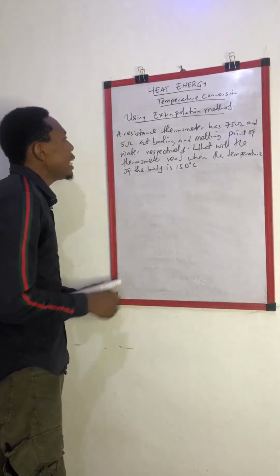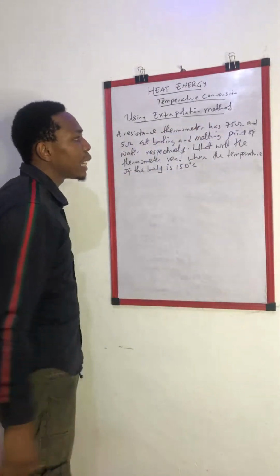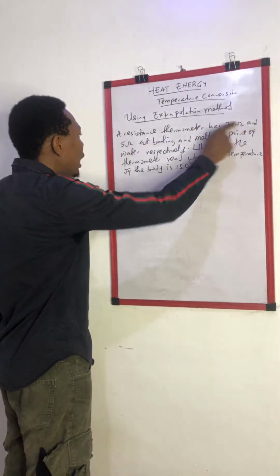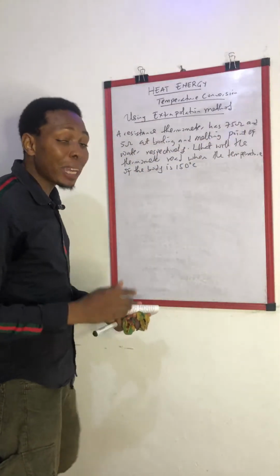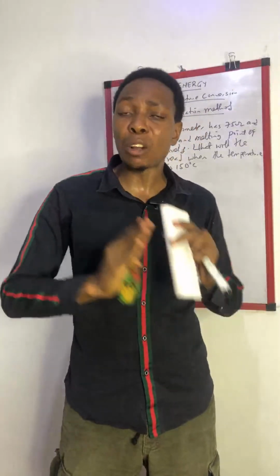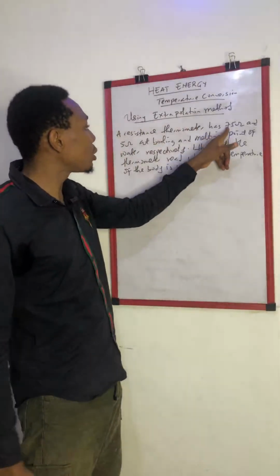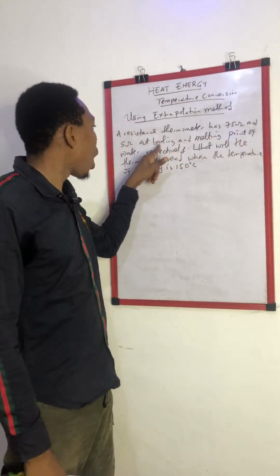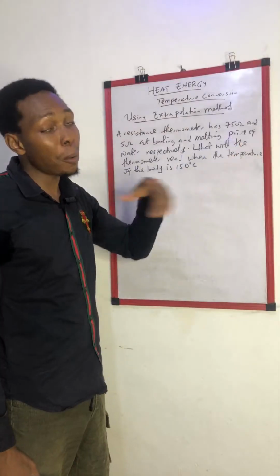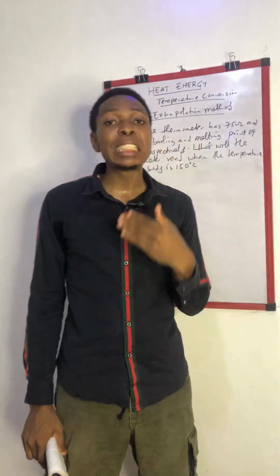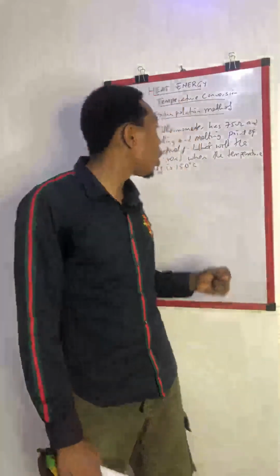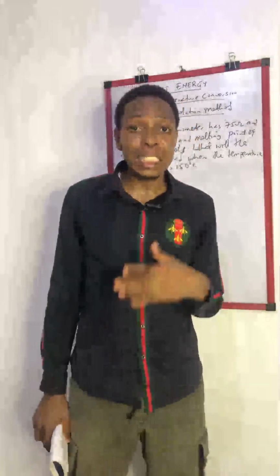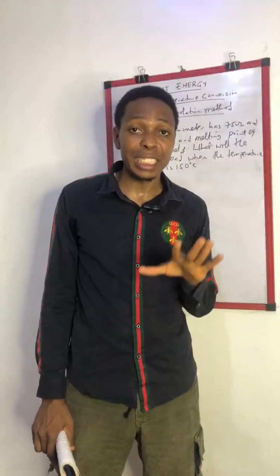We are told that a resistance thermometer has 75 ohms and 5 ohms at the boiling and melting point of water respectively. If they say respectively, the first value goes with the first one and the second goes with the second. It simply means 75 ohms is for the boiling point, while 5 ohms is for the melting point. Remember, I told you that the boiling point sits at the upper fixed point, or you can call it the steam point, while the melting point sits at the ice point, or the lower fixed point of the thermometer.